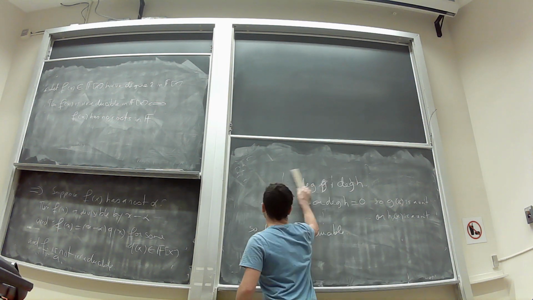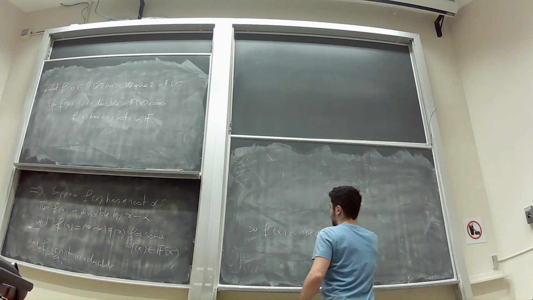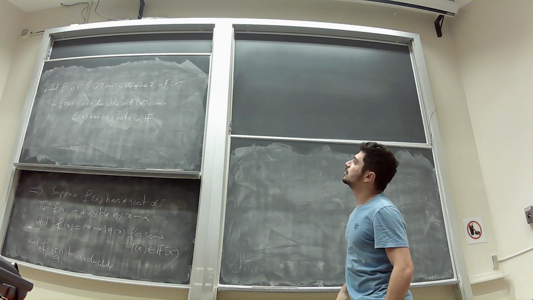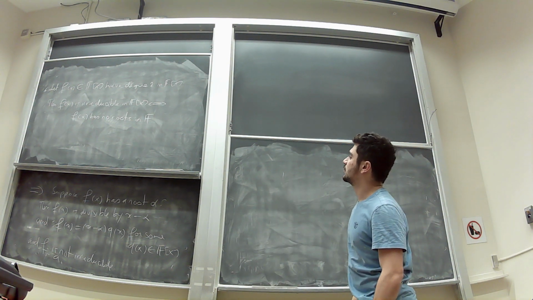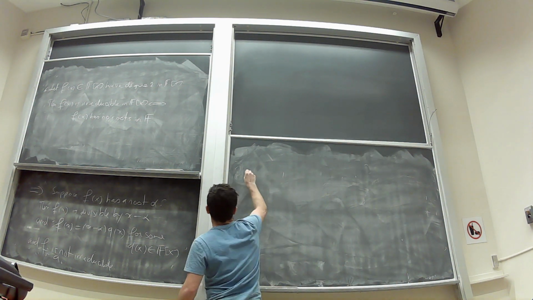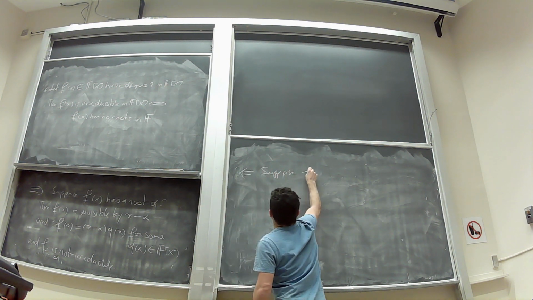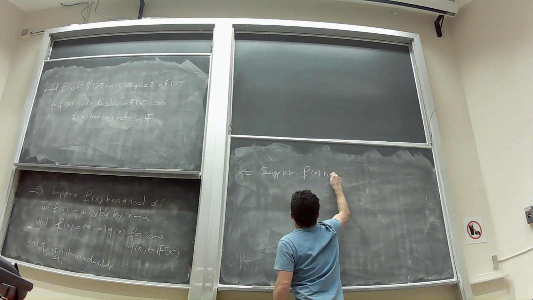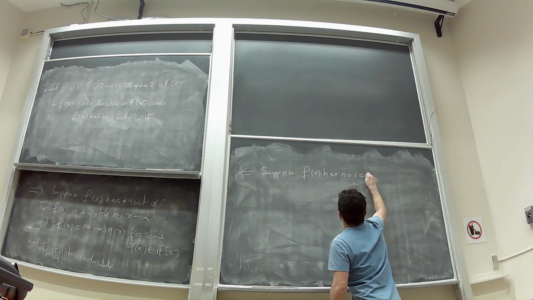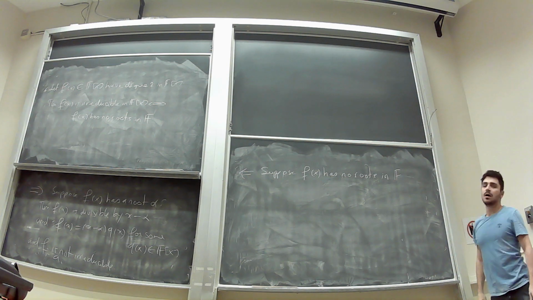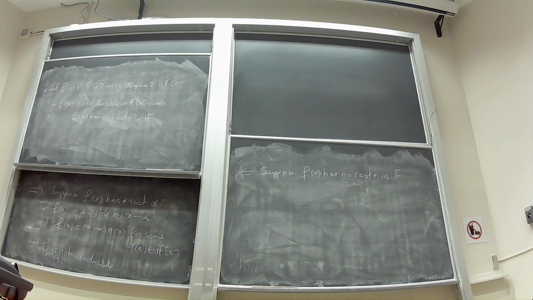Okay, now let's do the other way. The other way is more interesting. Suppose now f of x has no roots in F. How do I show that f is irreducible?